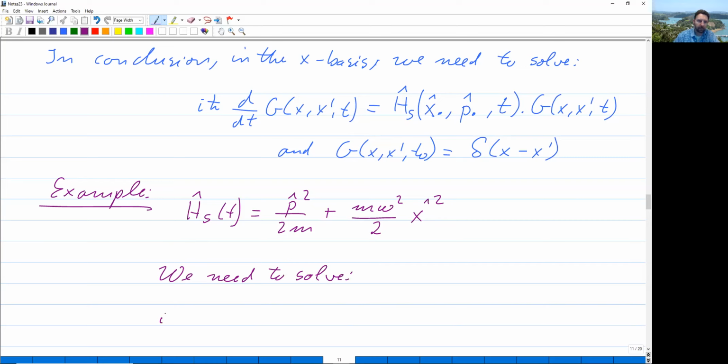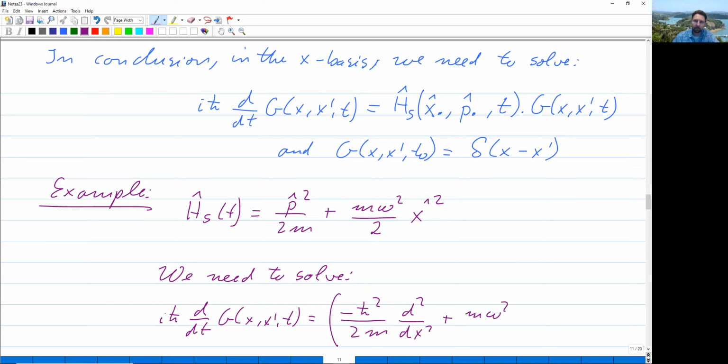So then we need to solve the equation iħ d/dt G(x, x', t) equal to, well, what is p hat dot squared? Well, it's minus ħ squared. We just calculated that. Minus ħ squared times the second derivative, so over 2m, d squared dx squared, plus m omega squared over 2.